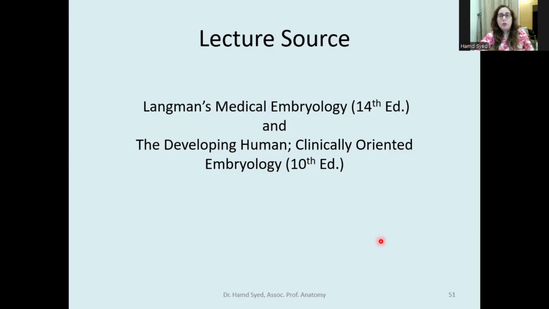In one, we talked about epaxial and hypaxial muscles, which was based on innervation. The other method was based on their embryological origin, and we used the lateral somatic frontier for classifying muscles into two groups, primaxial and abaxial.